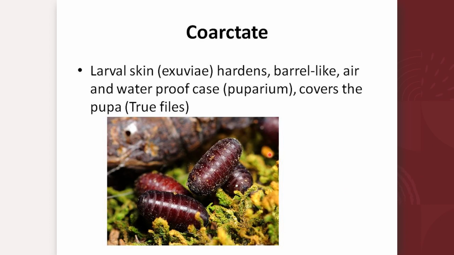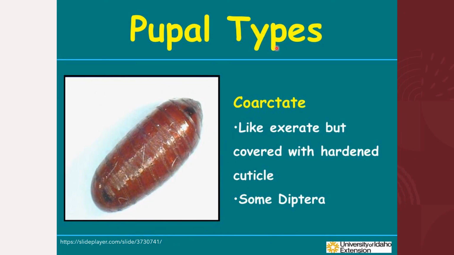This is exemplified by the fly pupa or the true flies. The coarctate pupa is like the exarate but covered with hardened cuticle, that is known as the puparium. And this is exhibited by some of the insects under the order Diptera.